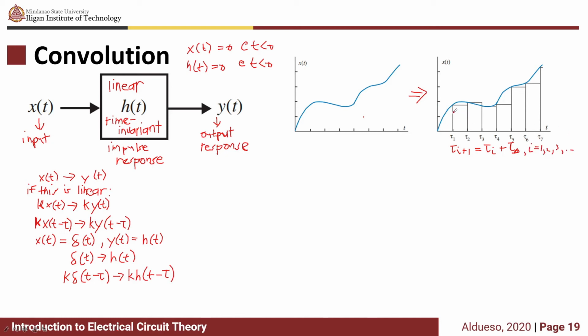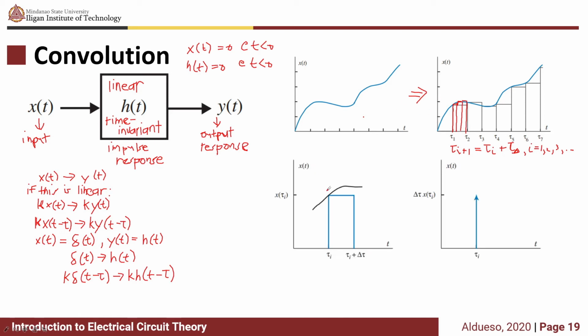If you decrease the width of these pulses, we have a much more accurate approximation of x of t.